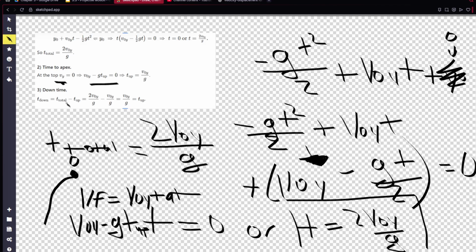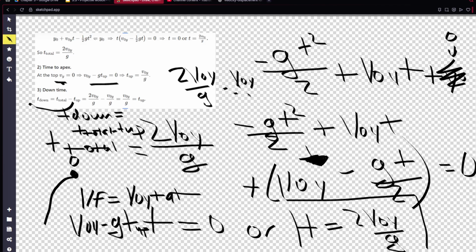So that's half, and the time down equals the total time minus the time up, because the total time is going to be the time up plus the time down. So it's going to be 2 v0y over g minus v0y over g, which equals v0y over g, which is t up.